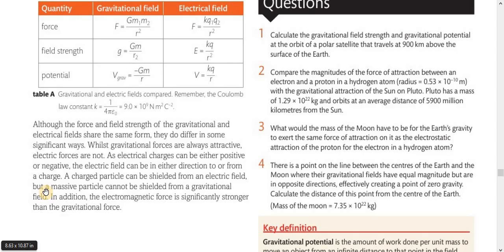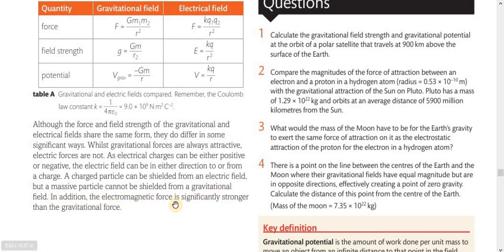But in the case of electric fields and magnetic fields, if it's a north pole or a positive charge, the field lines will be pointing away from it. If it's a negative charge or south pole, the field lines will be pointing towards it. A charged particle can be shielded from an electric field, but a massive particle, that means a particle with a mass, cannot be shielded from a gravitational field.